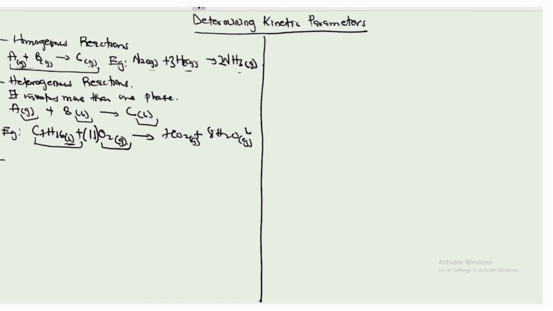Then our next definition will be irreversible reactions. Irreversible reactions are reactions that proceed in only one direction. So we have A forming B, and they proceed in one direction until the reactant is fully consumed.